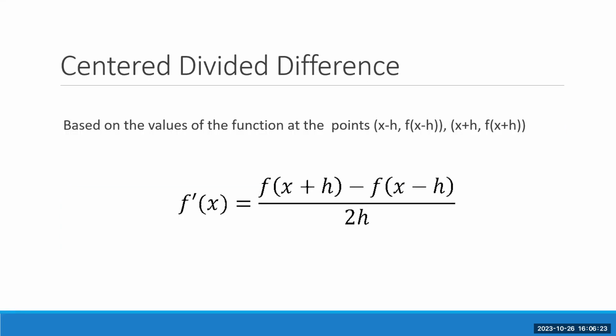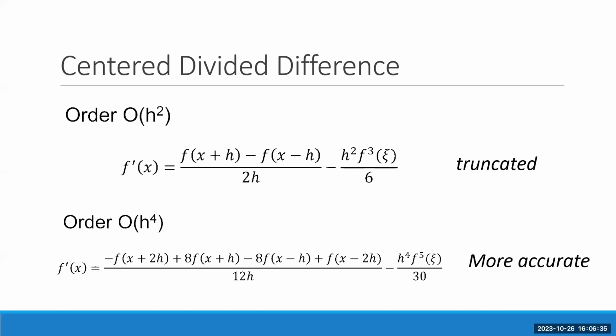So let's delve into one of the commonly used methods for approximating derivatives, the centered divided difference, or CDD. The order 2 central divided difference is a simple and truncated formula for estimating the derivative. The formula is as shown in this slide.